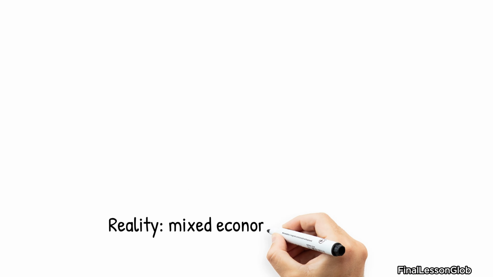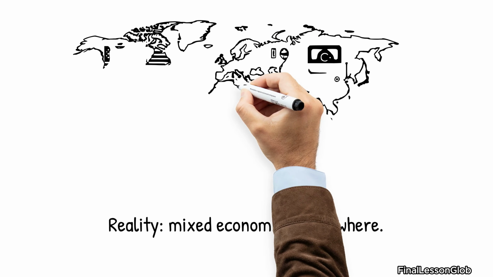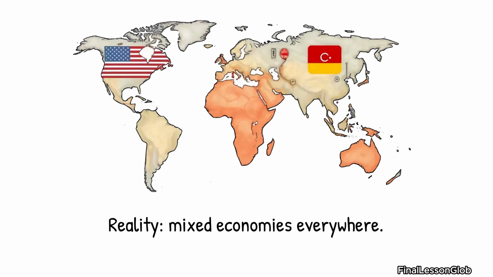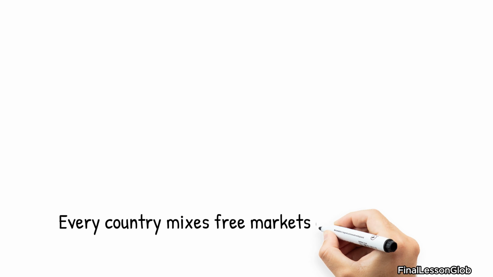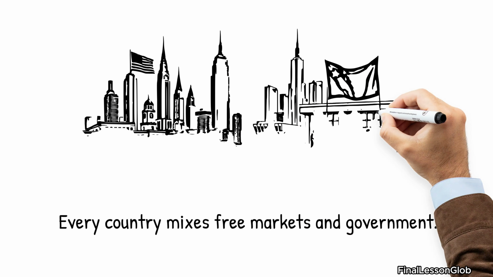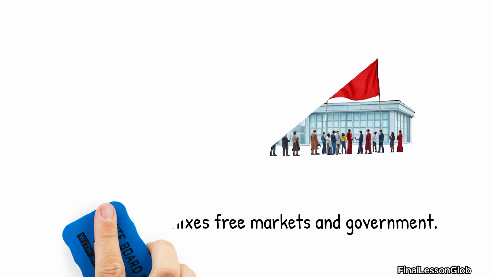And that brings us to mixed economies. The actual reality. Most countries today, including the US, China, India, and Germany, use some combination of free markets and government intervention. Yes, even the US has subsidies, public schools, Social Security, and the TSA. And yes, even China has billionaires and stock exchanges.